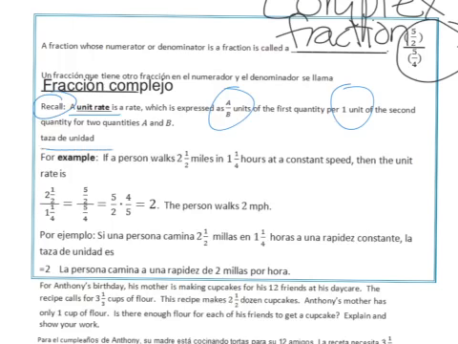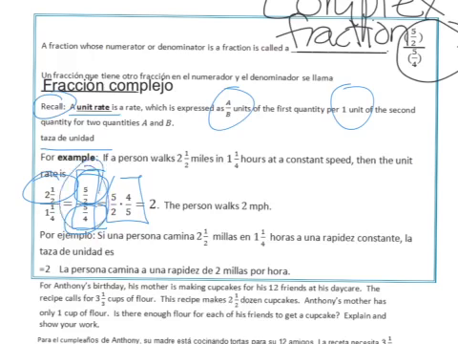For example, if a person walks 2.5 miles in 1.25 hours at a constant speed, then the unit rate is 2.5 over 1.25, which is equal to these improper fractions. And then when we have two improper fractions over each other, it is called a complex fraction.